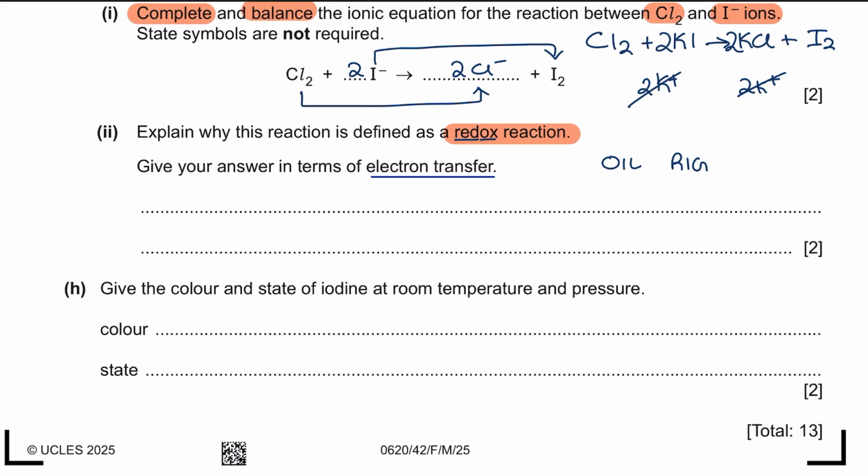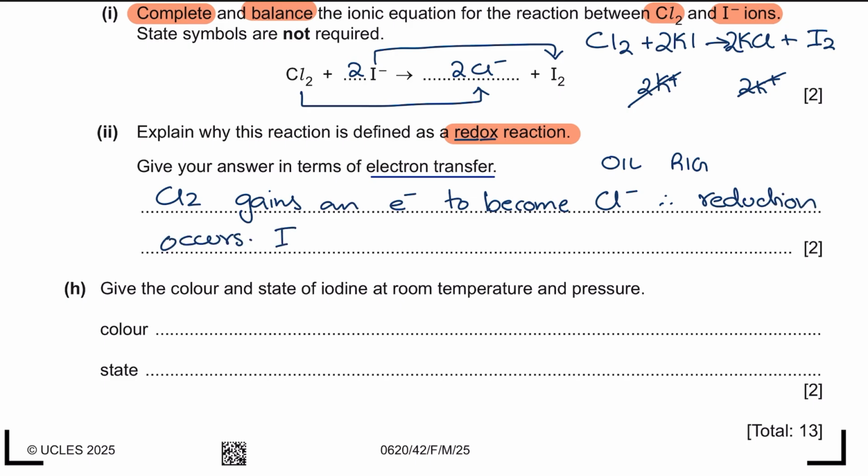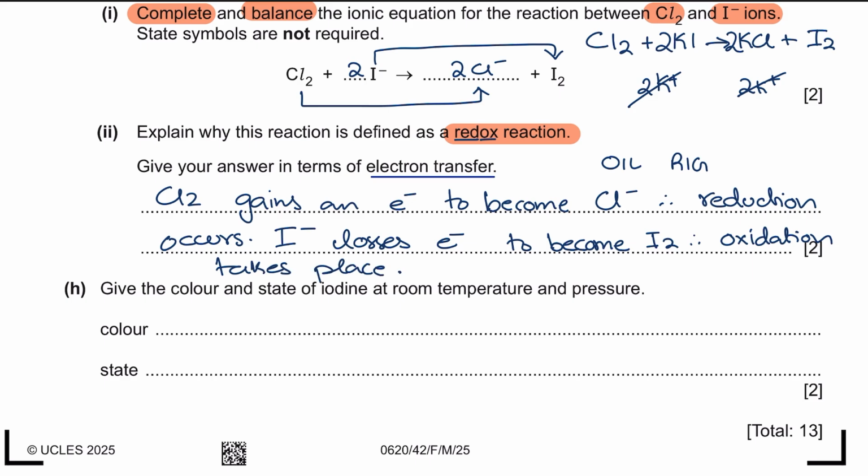So we can simply say that Cl2 gains an electron to become Cl minus, therefore reduction. Then iodide loses an electron to become iodine, therefore oxidation takes place. And then you can simply say a redox reaction is a reaction where oxidation and reduction take place simultaneously.